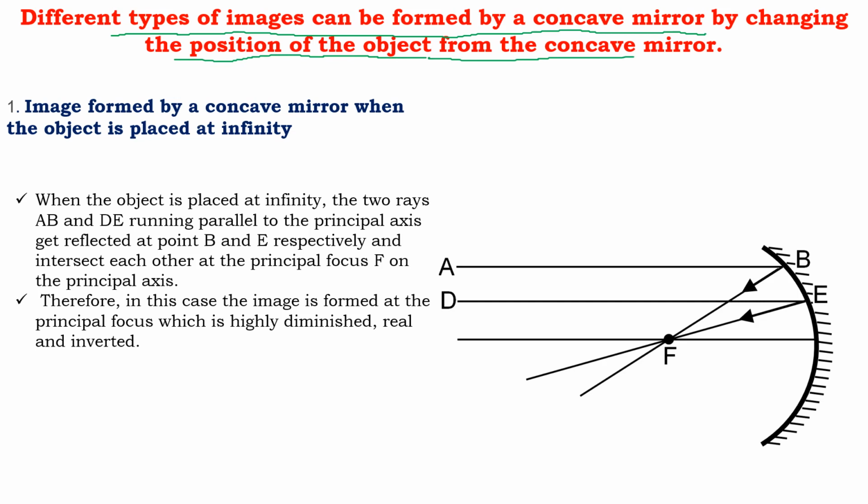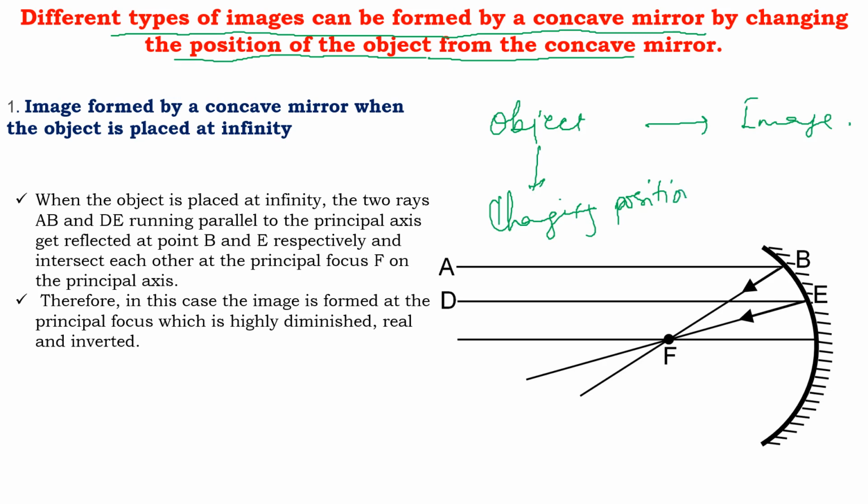You know that when an image is formed, an object is required to form the image. So changing the position of the object will give us different kinds of image. Okay, that's what we are going to see now.